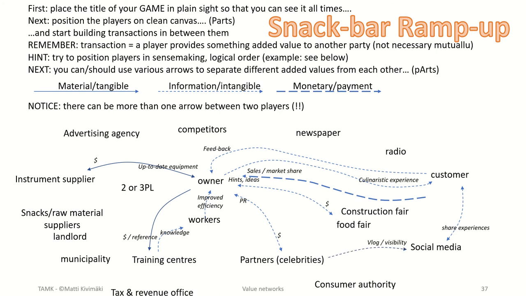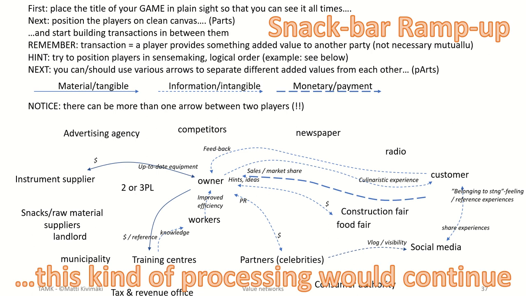And if we get the partners, the celebrities, I mean, to make some video logs in the social media, that in turn will support or enhance the customers' motivation to share their experiences, to be present with the celebrities that they so much enjoy. Then these in turn may bring as an added value to customers the belonging to something feeling. And this goes on and on.